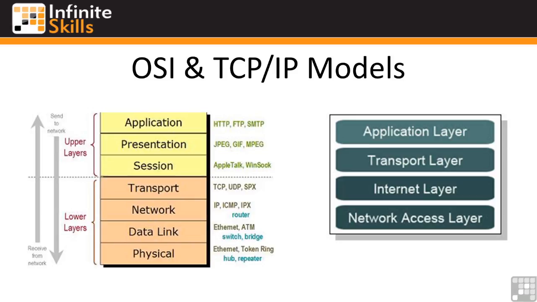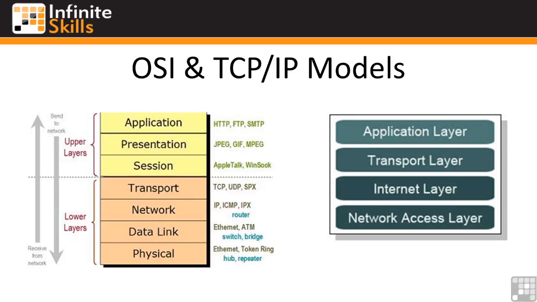So you'll often hear people, when they're having network conversations, talk about something that happens at layer 2. A layer 2 problem is something that would relate to, for example, using a switch. So if you're talking about a switch and you hear somebody talk about layer 2, they're talking about the data link layer.